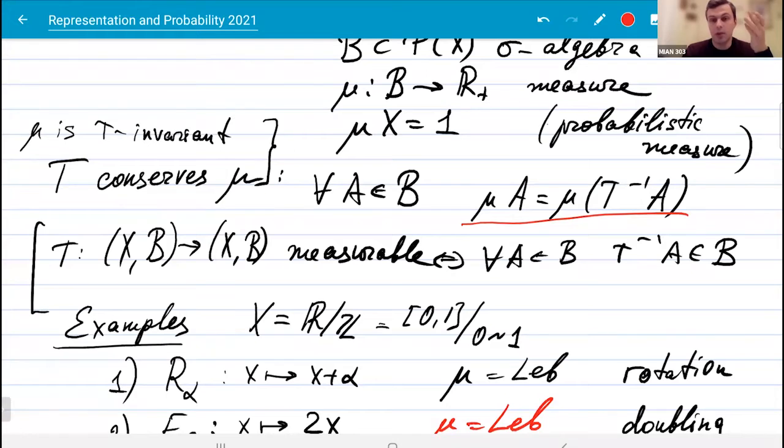So in fact, the set of all A such that the measure is conserved under T is a sigma algebra.